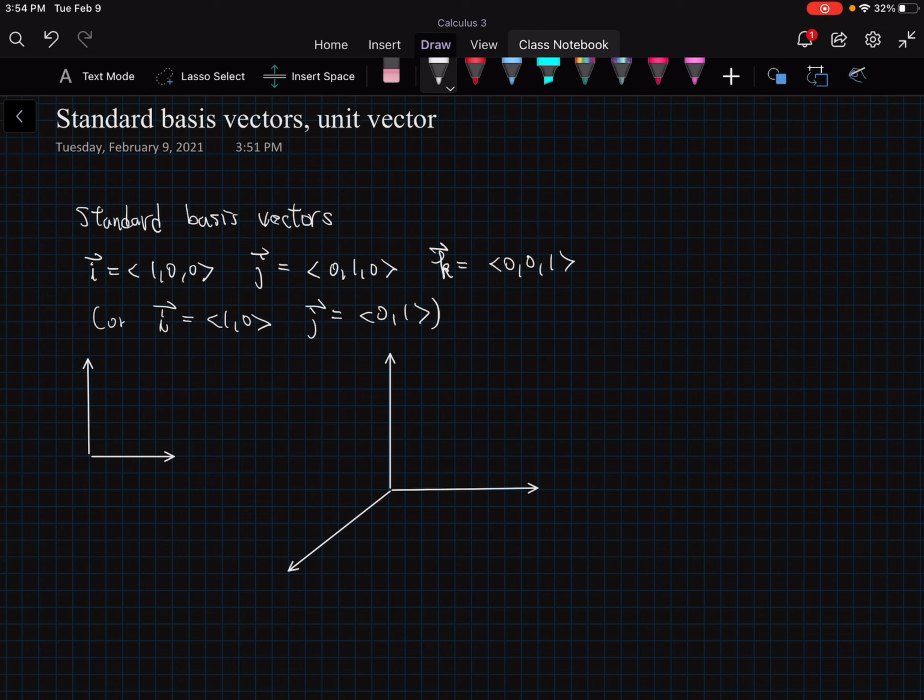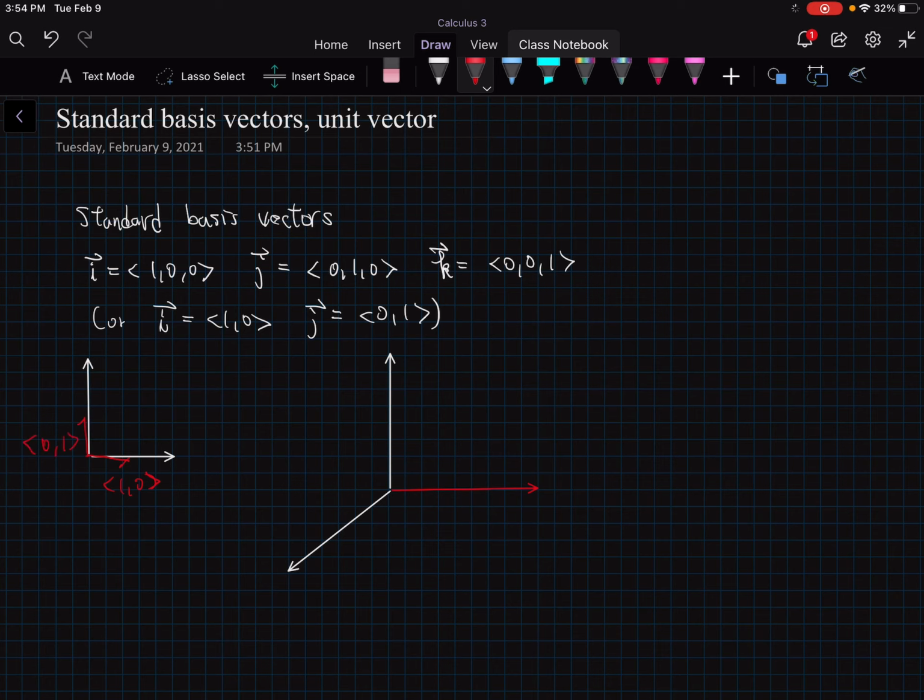So what does that mean? That just means the little red vector here is I, that's 1, 0, and this is J, in the standard position, 0, 1.